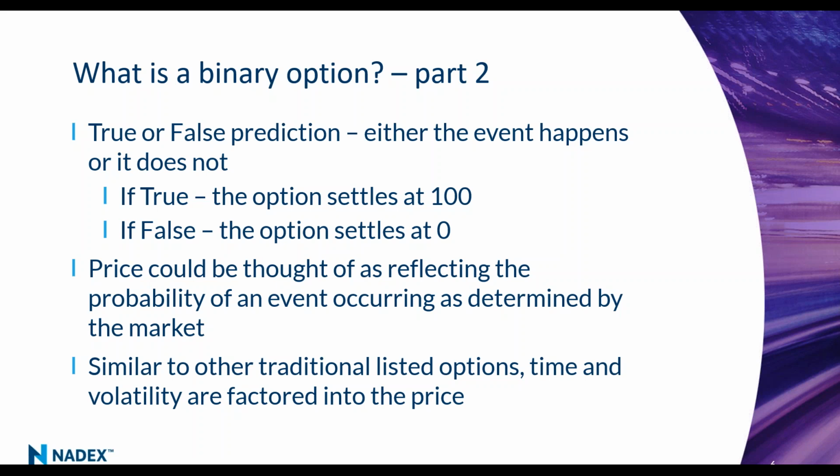If there's a lot of time, it gives the chances of that event occurring a different probability than if there was very little time left. And if the market is extremely volatile, that will also impact the market's perception of the probability of the event occurring or not.